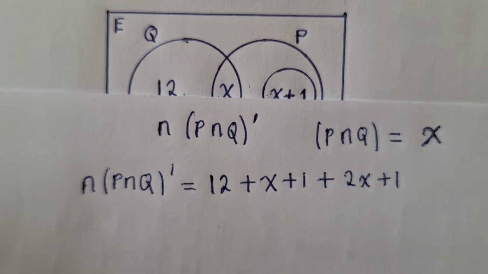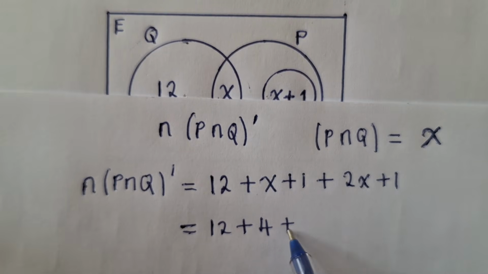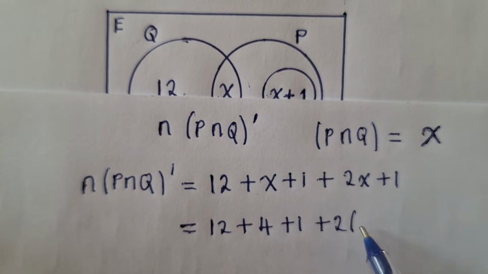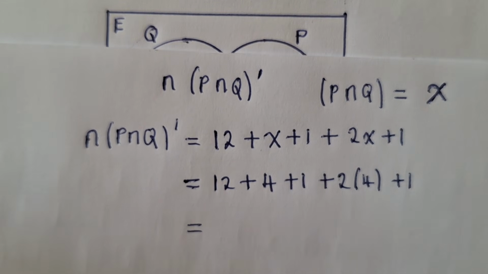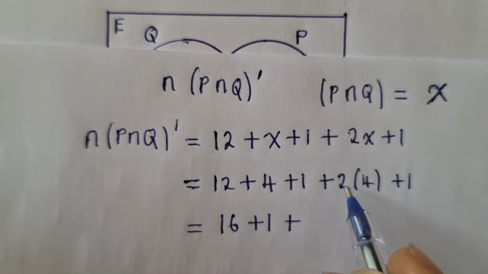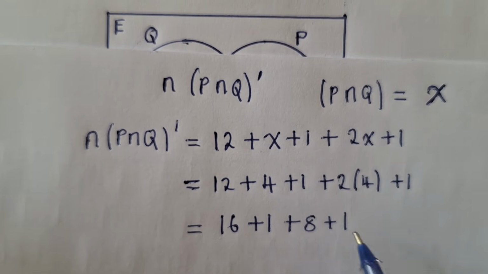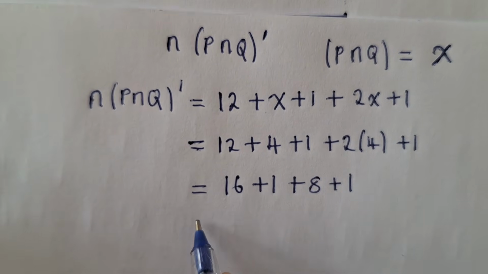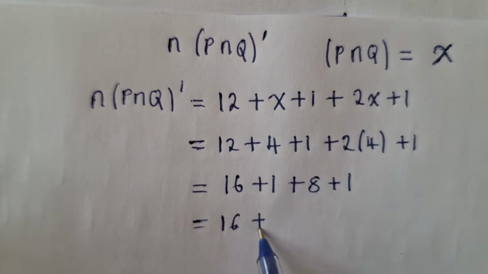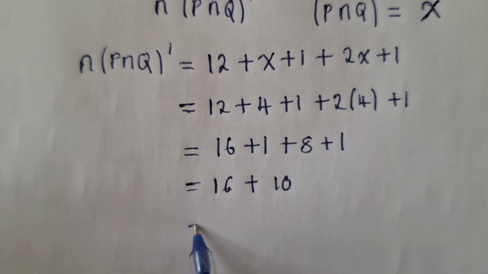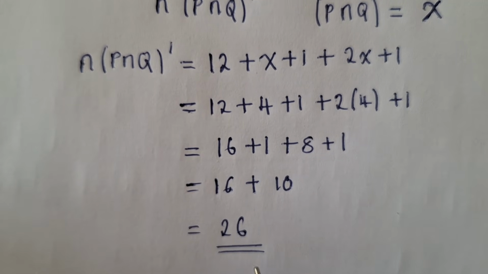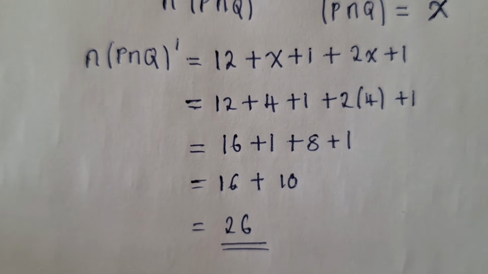Now we substitute the value of X, which is 4, plus 1 plus 2 times 4 there, plus 1. When we simplify here, we're getting 16 plus 1, plus here 8 plus 1. So this is 16 plus this, and this will give us 10. So this is giving us 26. The answer for the last question is 26.